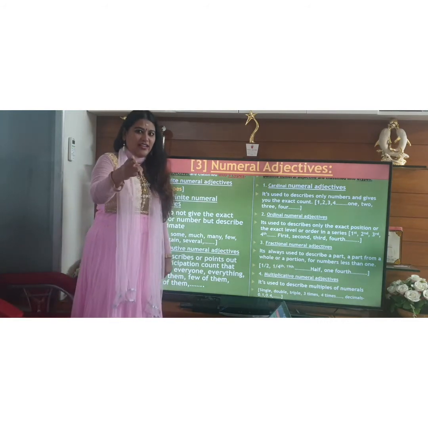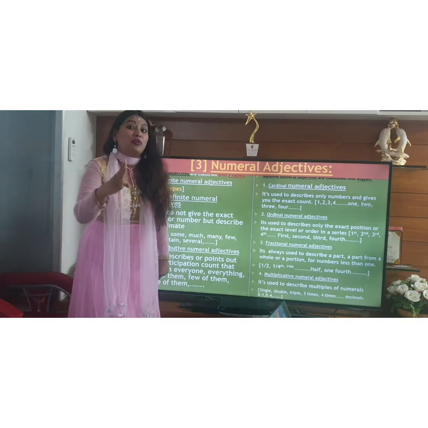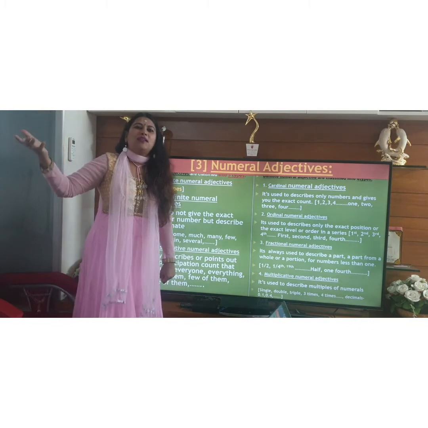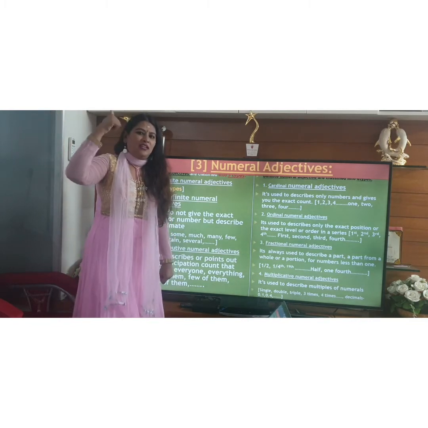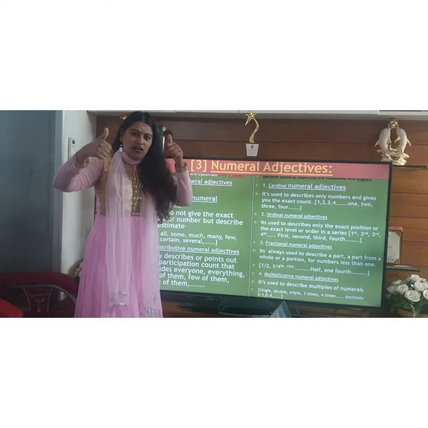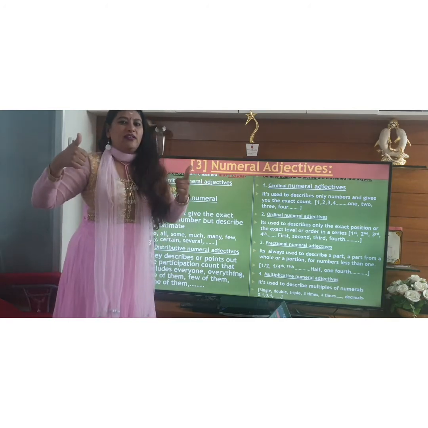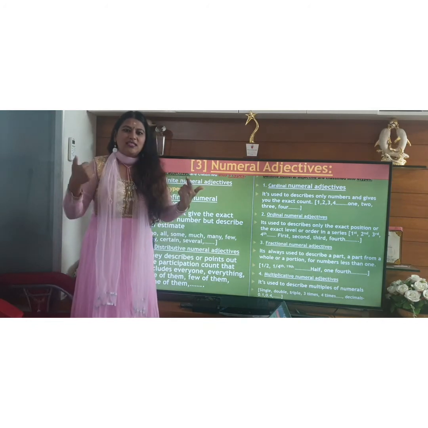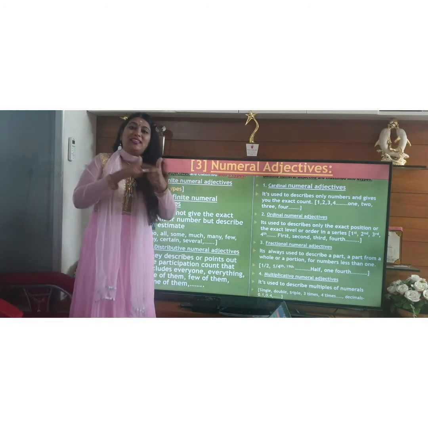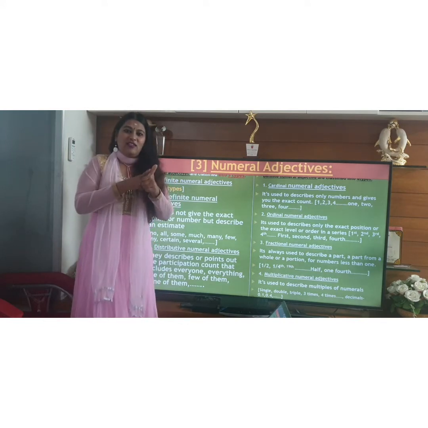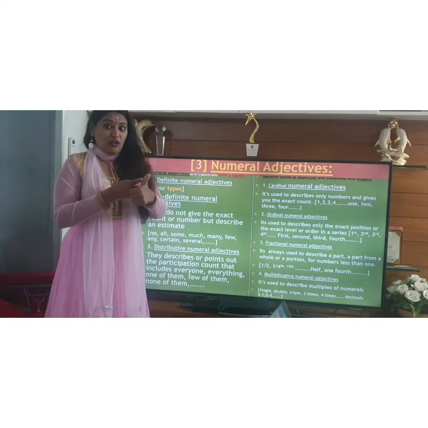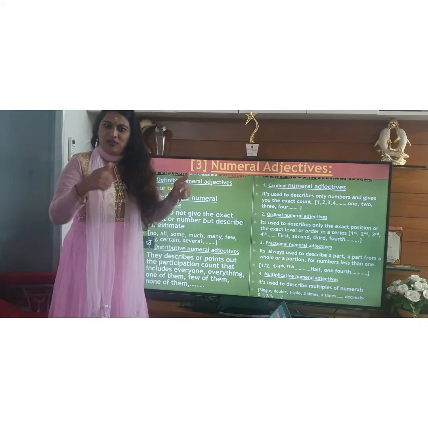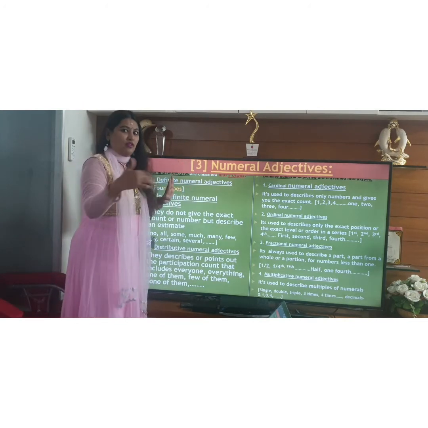And the third one, D, is distributive numeral adjective. So, in order, if you remember it as a word, then it's easy. That's why I gave you the spelling D-I-D. Okay? Don't get confused. We'll read it one by one. Not to worry at all.